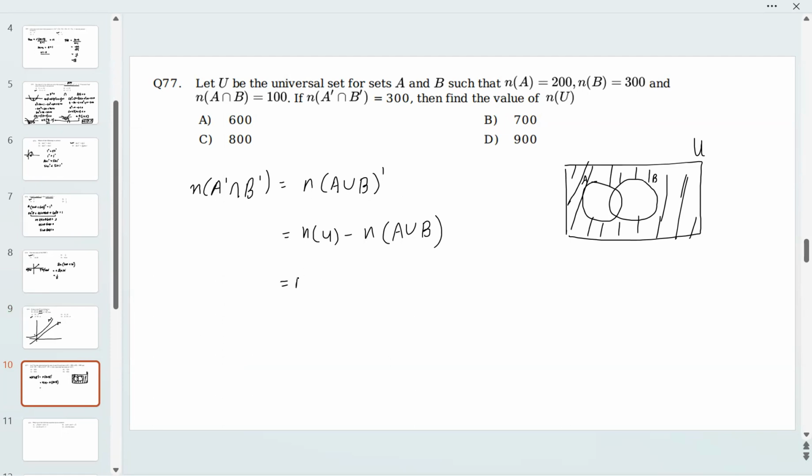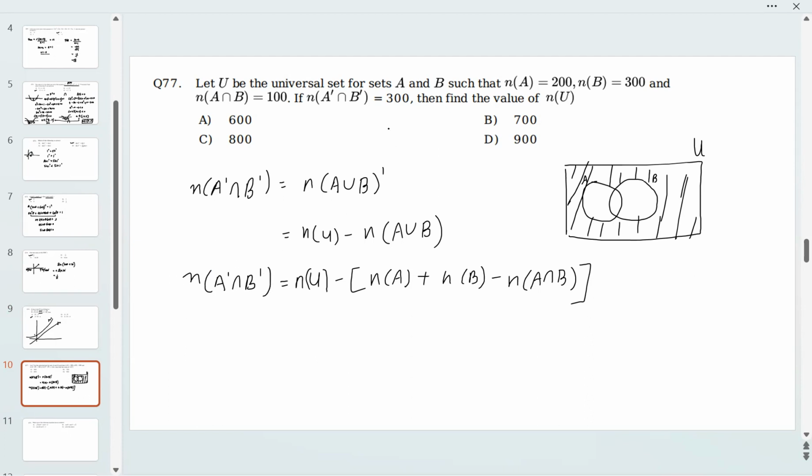And now for N of A union B, we know the formula: N of A union B is N of A plus N of B minus N of A intersection B. After this, we are all ready to just input the values and get the answer.